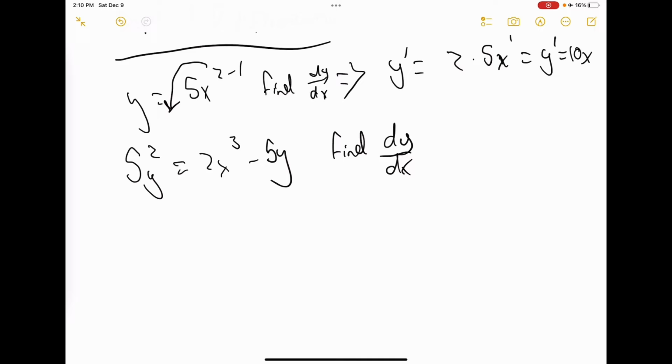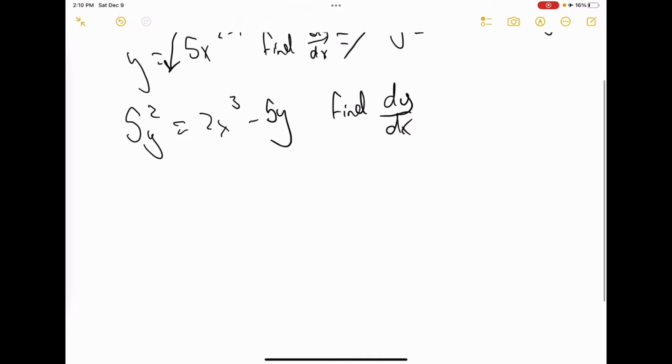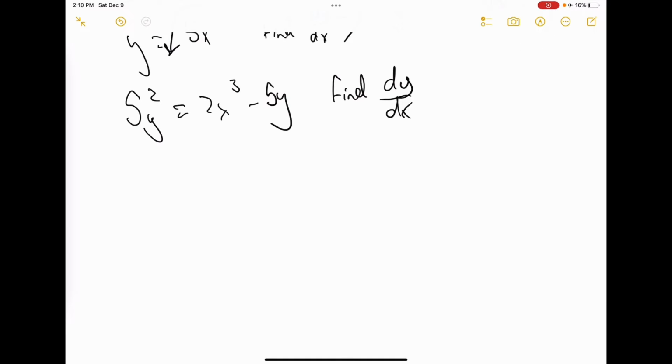So all we have to do, there's one new thing to do actually. There are 2 steps. Step 1 is to derive both sides.